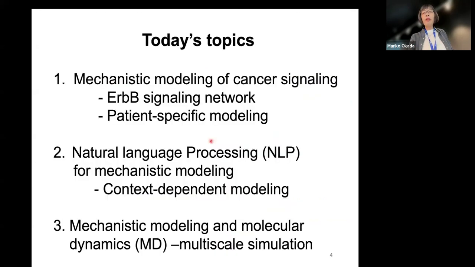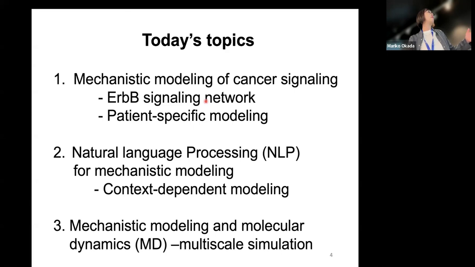For that, mechanistic modeling and modeling using AI are very important, particularly in these five years. So today I will talk about the mechanistic modeling of cancer signaling. First, I will talk about an example of patient-specific modeling using such a mathematical model, aimed at a basic understanding of cell fate control.